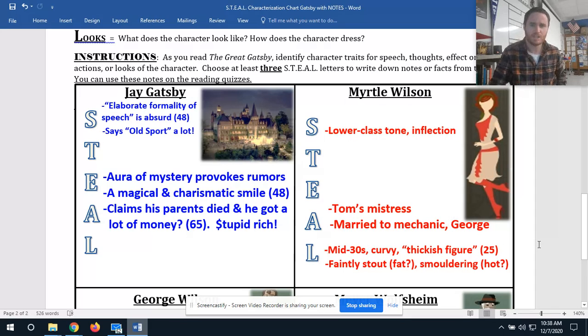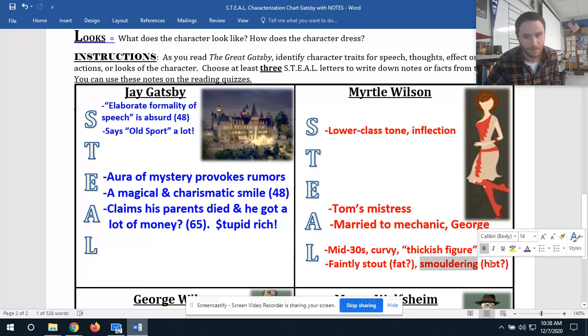Her flesh is surplus, moves sensuously, Nick describes curiously on page 25. She is a thickish figure with one chin, and she's faintly stout. Is that kind of like thick or fat? And she's described as, her nerves were continually smoldering, which is often a word describing something hot. Is she hot? Myrtle, the mistress of Tom.